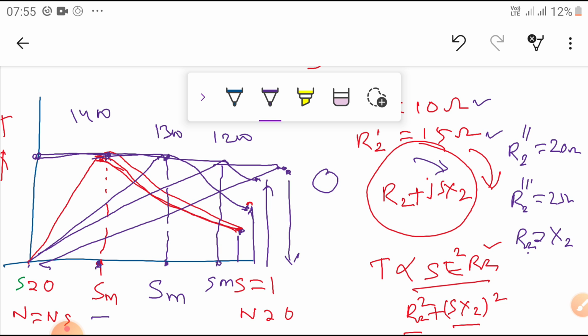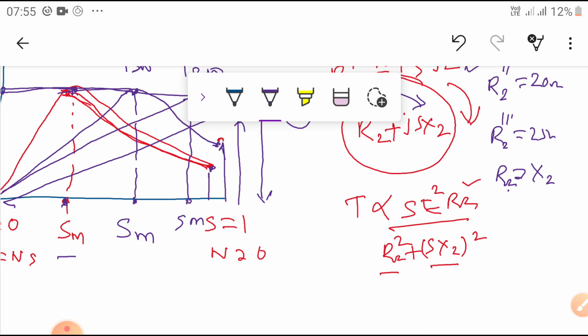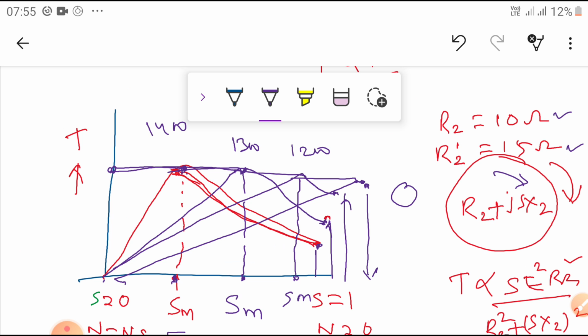Okay, so what we have seen, once again I am going to try to explain it. What is the formula for T max? We know that formula already. T max, the maximum torque, is equal to some proportional constant times E2 whole square by 2X2. This is the magnitude of the maximum torque, and it is the same for all cases.